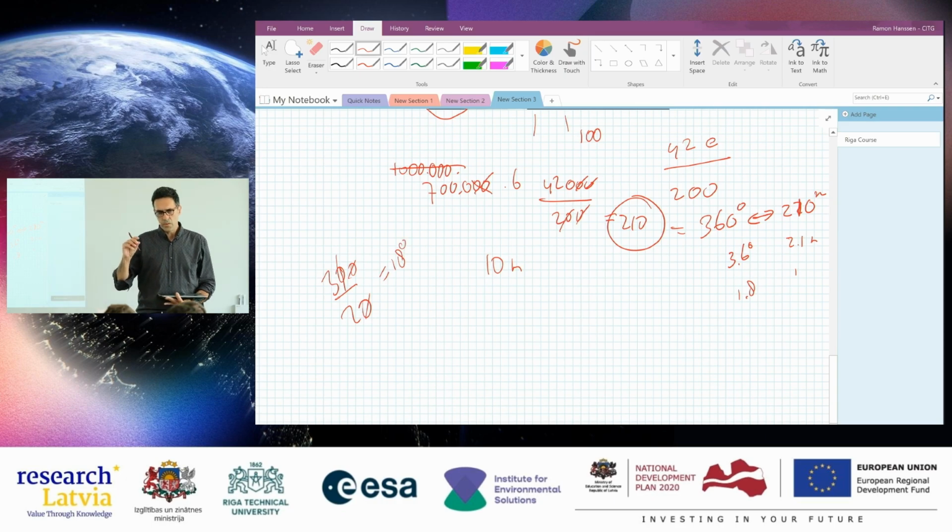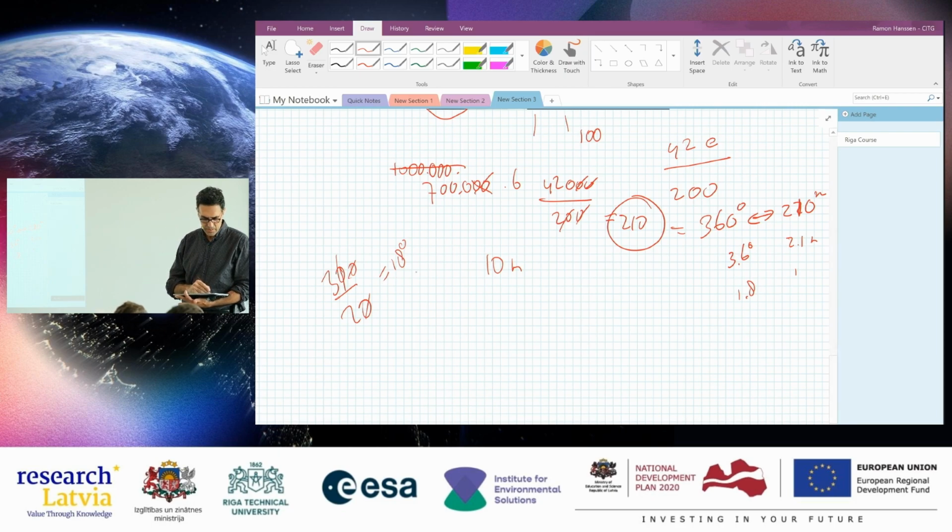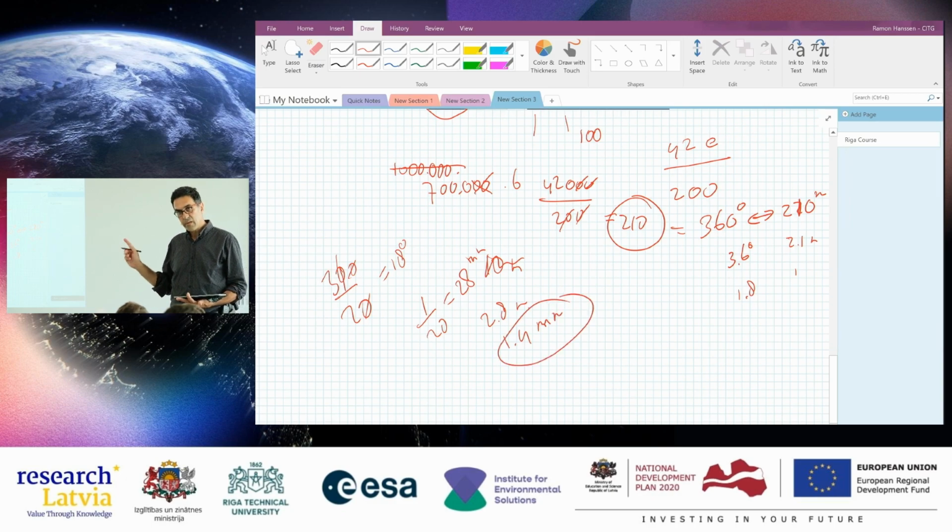Right. So if we are 10 meters wrong in the SRTM, that would cause a phase error of 18 degrees. So 18 degrees would be 1/20th of a cycle. So it's also 1/20th of 28 millimeters. So that is 2.8 millimeters, is 1.4 millimeters. So we would make an error of 1.4 millimeters if we have a 10 meter error in the DEM.